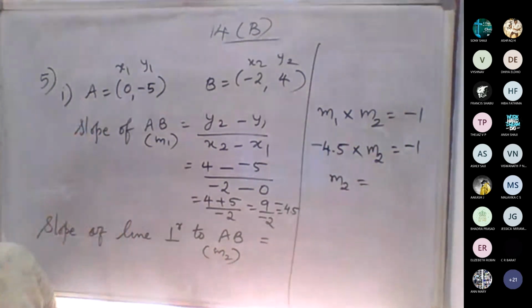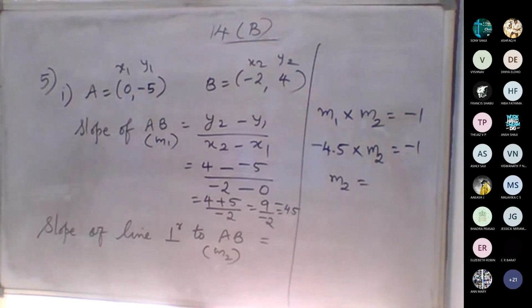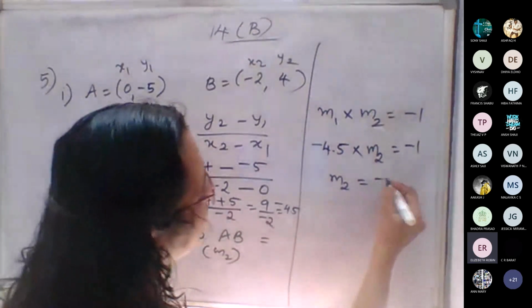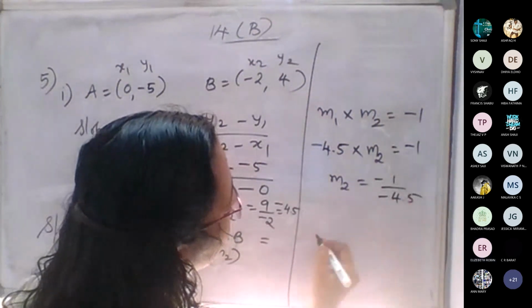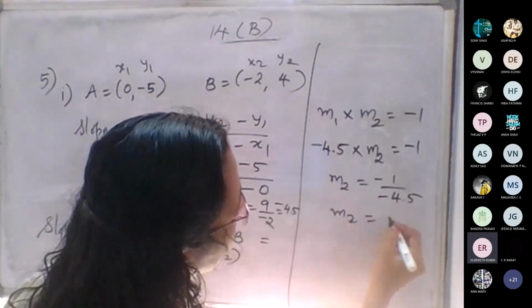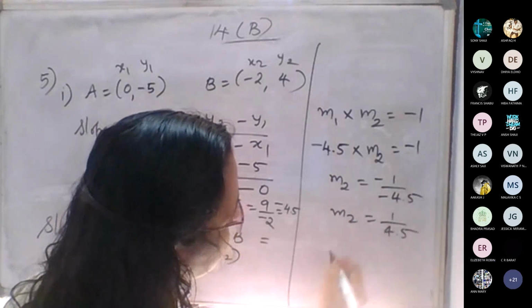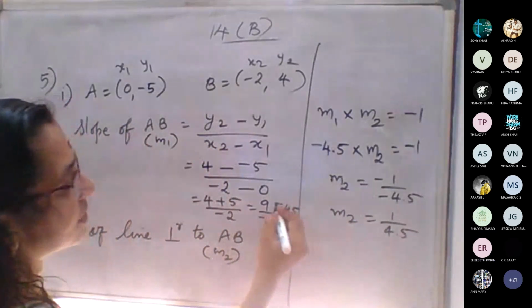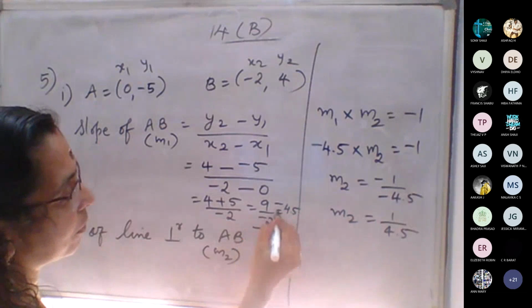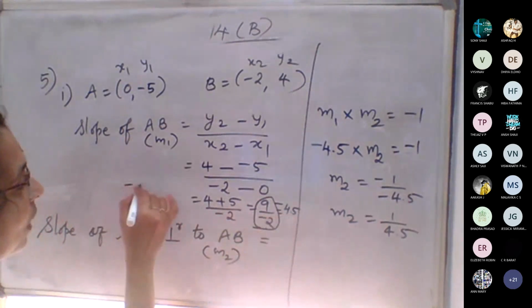M2 is equal to negative 1 divided by negative 4.5. M2 is equal to what? 1 by 4.5.